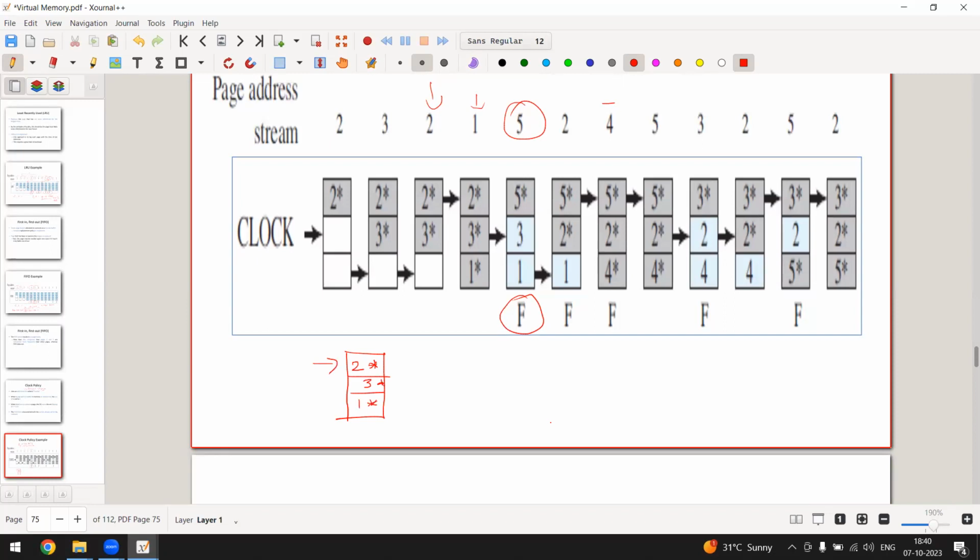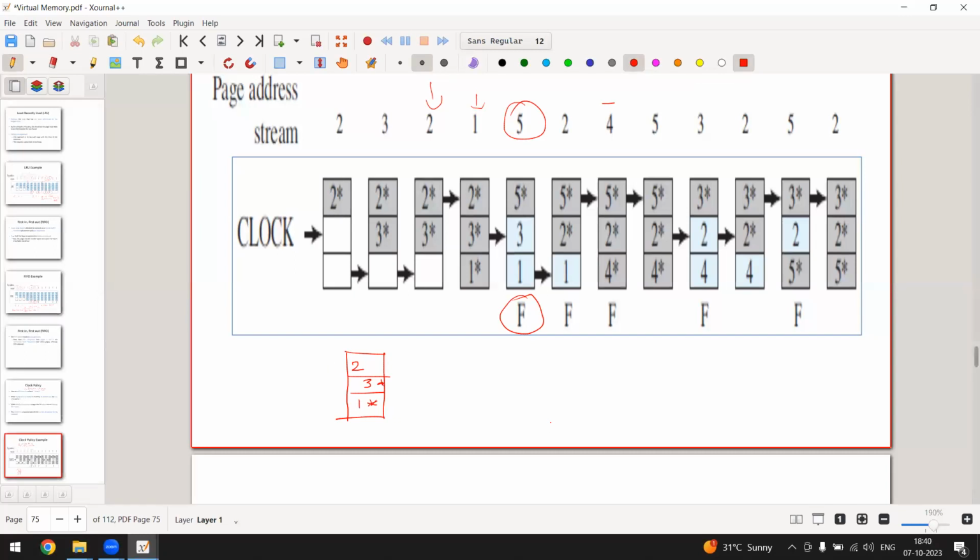Okay. So what it will do, as per the algorithm, it will see that can I replace 2? The answer is no because the use bit is set. So what it will do? It will cancel the use bit and move to the next location, right?